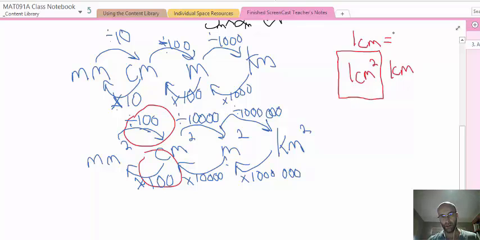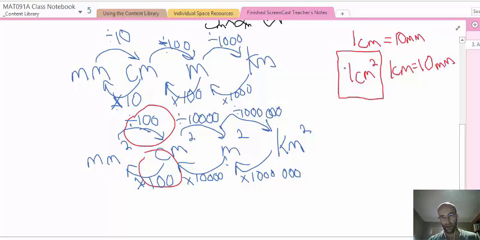We also know that that 1 centimetre is the same as 10 millimetres, and this 1 centimetre is also the same as 10 millimetres. We know to get the area of the square, we go 1 centimetre times 1 centimetre, length times width, or side times side. So 1 centimetre times 1 centimetre equals 1 centimetre squared.